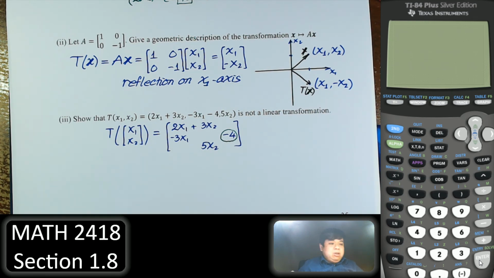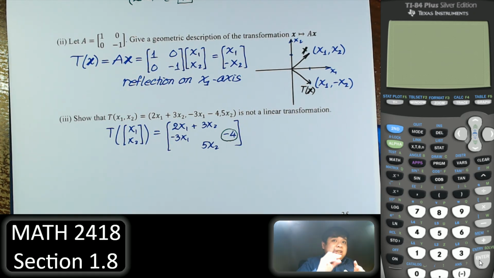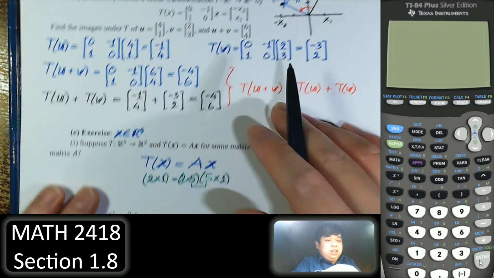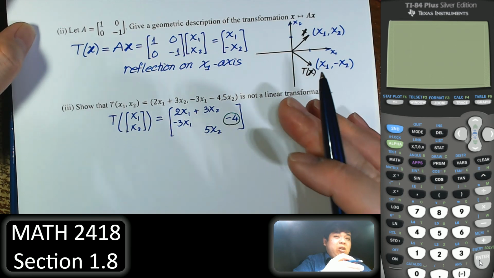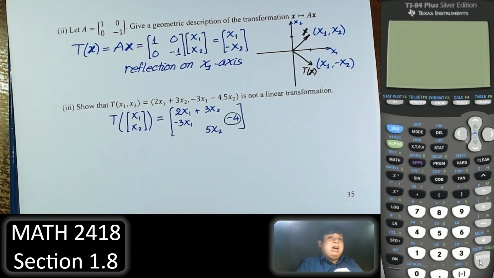Think about it this way. That's why we did not write this as A times x. If this were a linear transformation, we should be able to write it as a matrix multiplied by a vector. This is not a linear transformation, so we cannot write it as a matrix times a vector.